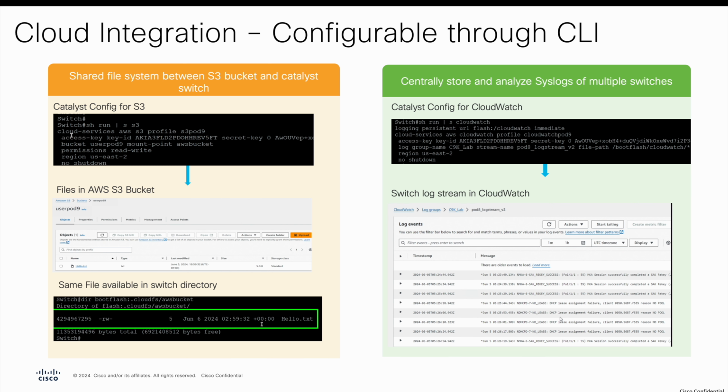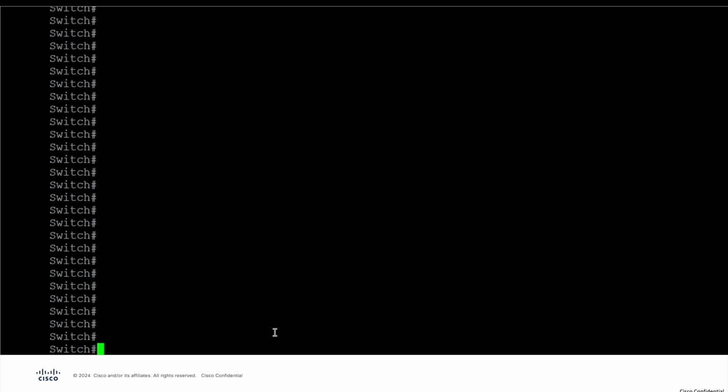And then on the right side here, we have the various syslogs sent to AWS by our switches, giving network admins the ability to monitor and analyze the logs without having to access the switches themselves via CLI. So this in turn also has various security benefits, including mitigating unnecessary access for all network admins to critical network devices. So how does that look in action, right?